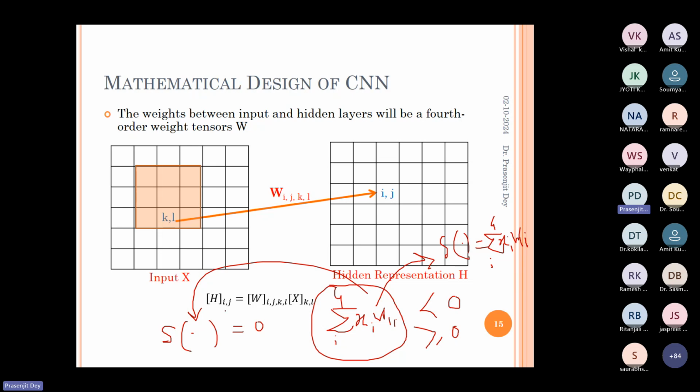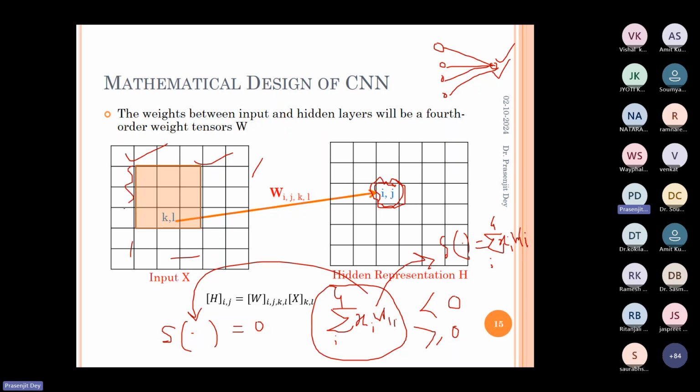In general, in a convolutional neural network, we use ReLU activation functions. But what was the point of view of this discussion? If I want to compute a hidden node value, I need to consider all the input nodes. But in a convolutional neural network, for computation of this hidden node value, I am not considering all the pixels.